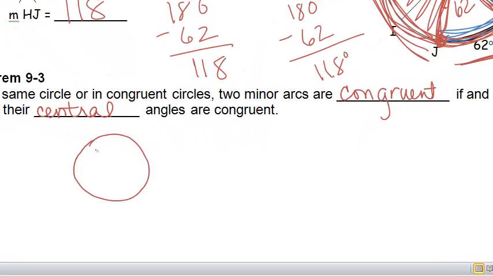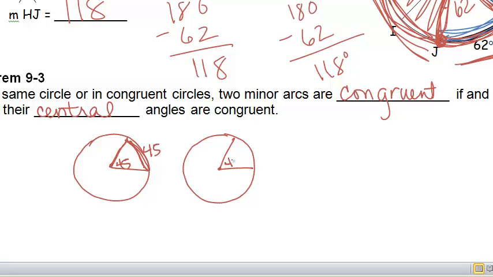And remember, if I have two congruent circles, this would be the minor arc. So if this is, say, 45, this would be 45. So if their central angles are congruent, then the arcs are also congruent, is what that theorem is saying.